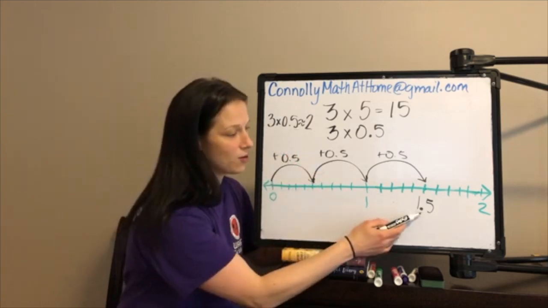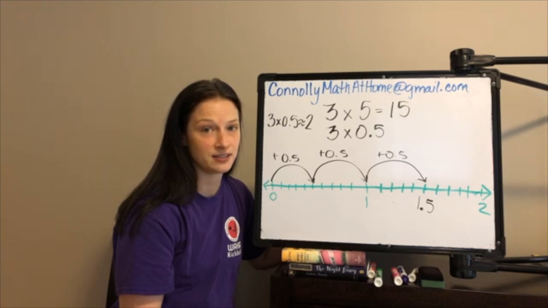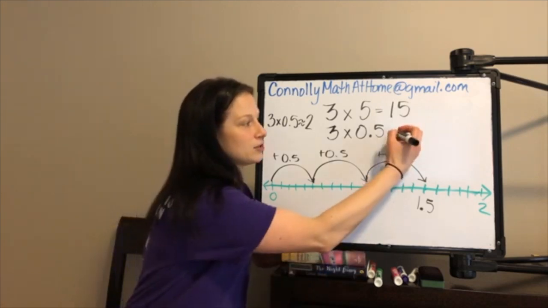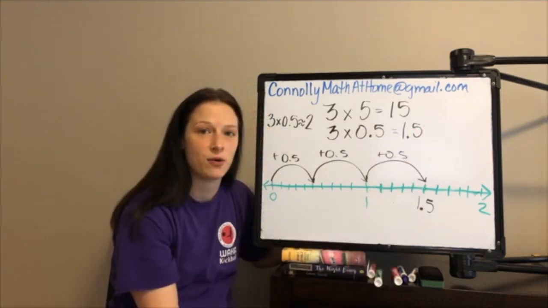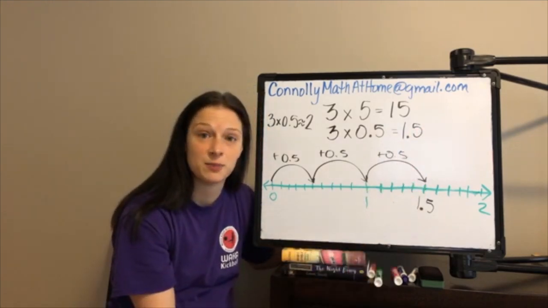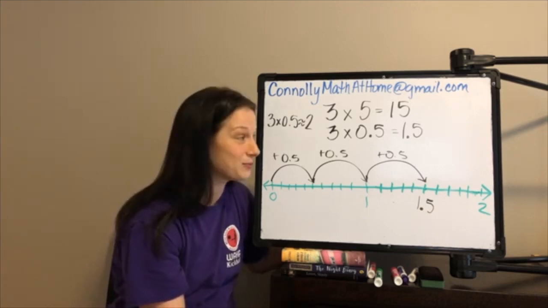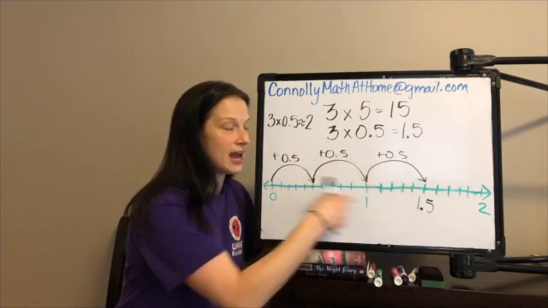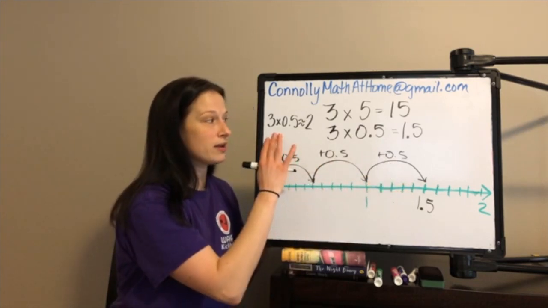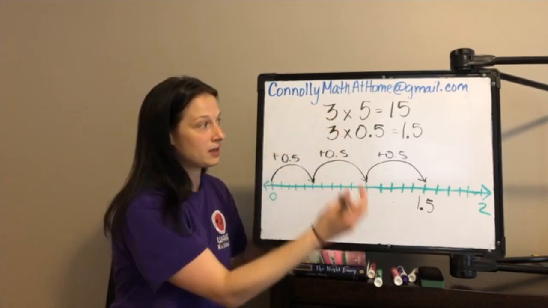Does it make sense that 1 and 5/10 is 3 groups of 5/10? And it does. Okay, so we can think about multiplying with decimals as the same as multiplying with whole numbers, except we're working with different size numbers. So I used repeated addition after I made a prediction of what my product was going to be.